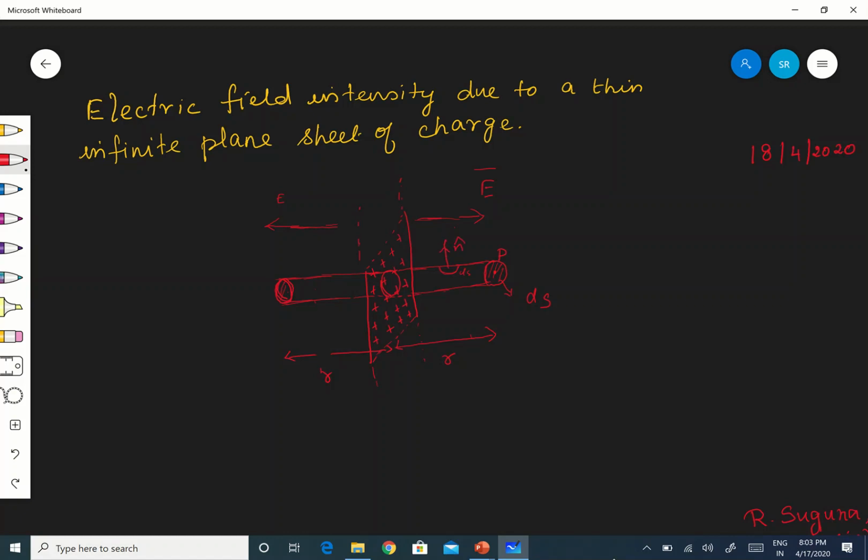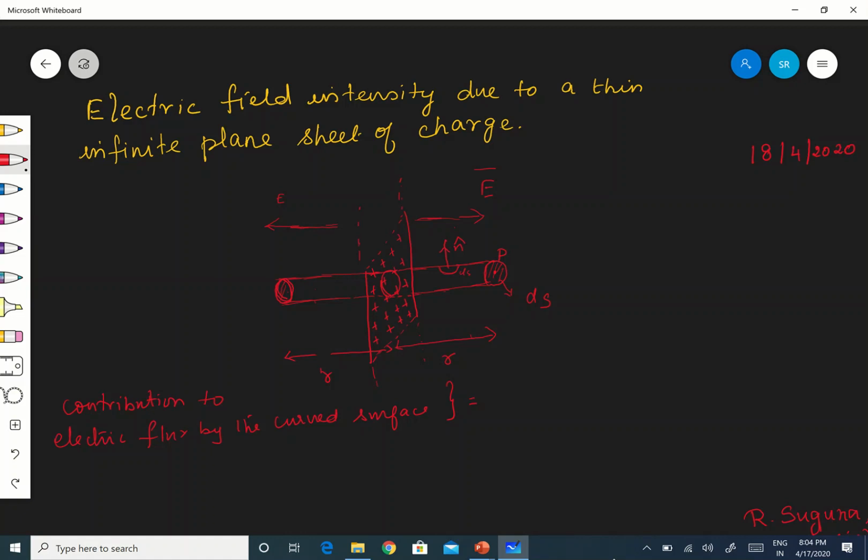But what is the direction of the electric field? The contribution to electric flux by the curved surface is given by E dot ds.